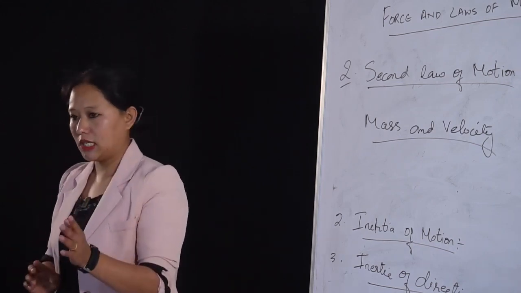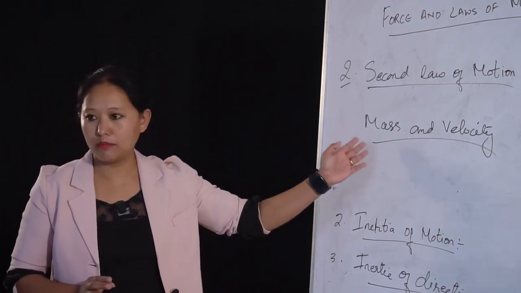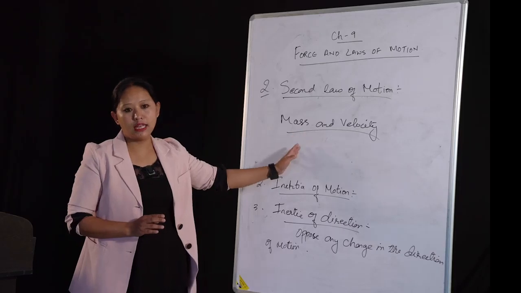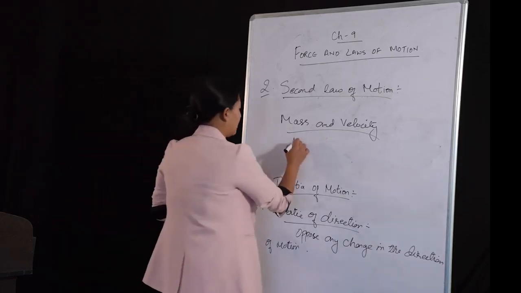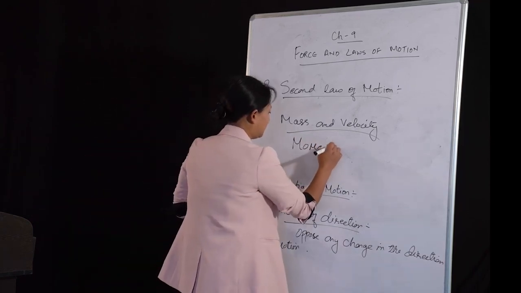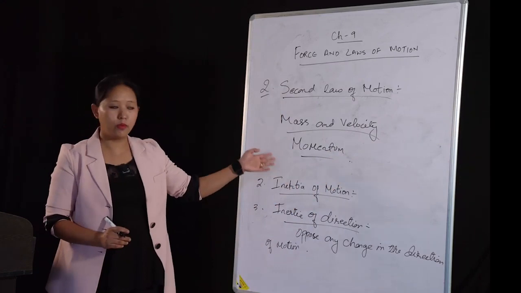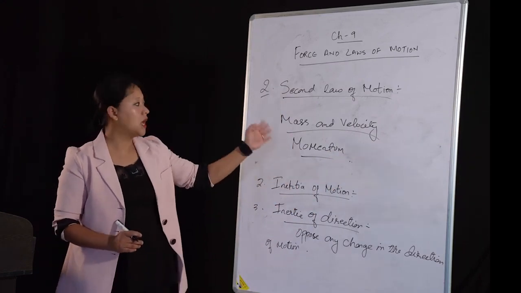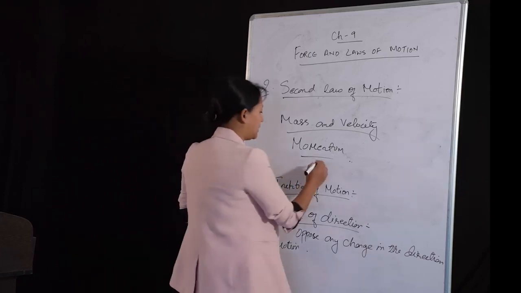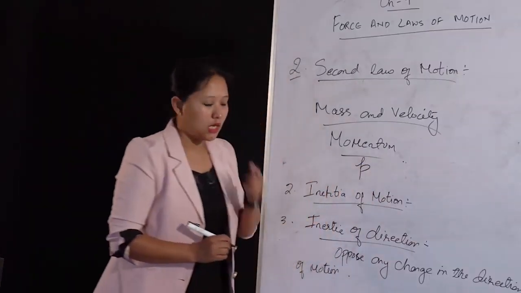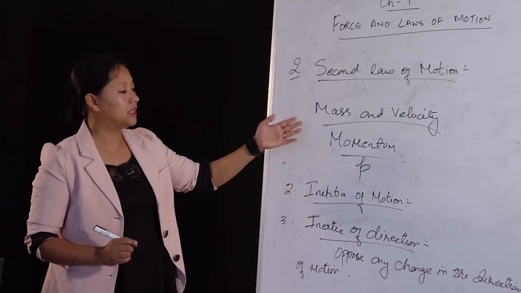So there must be a quantity that combines both mass and velocity, and Newton termed it momentum.